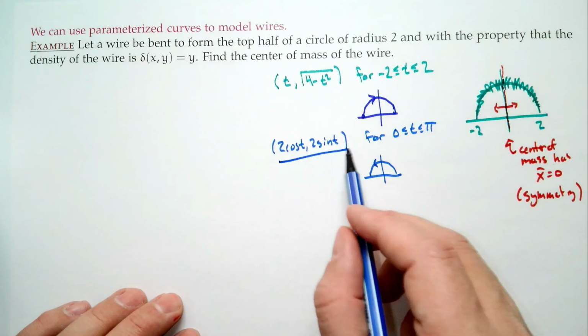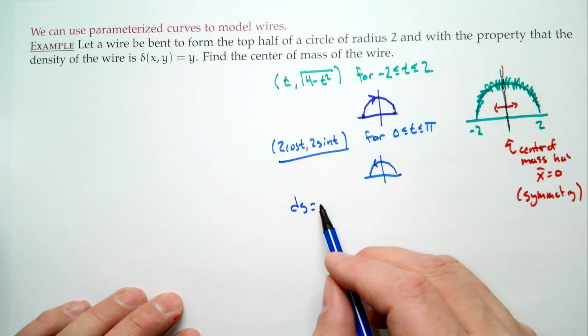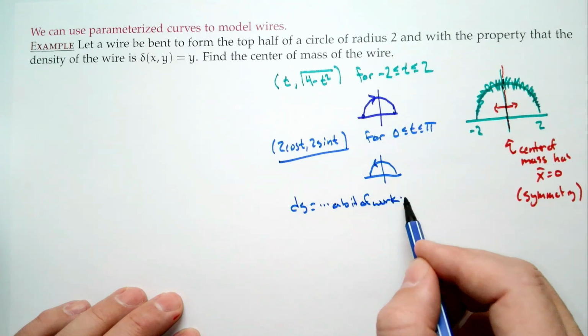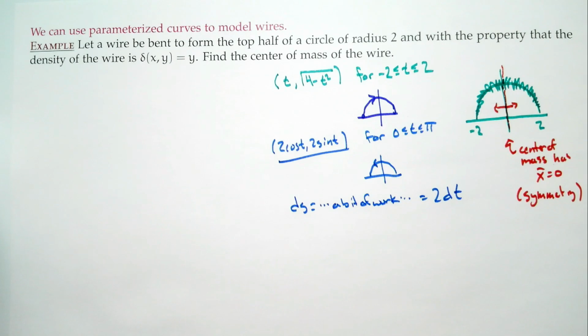So using this one, what would our ds be? Well, ds, a bit of work, would be 2 dt. It's the same thing we've been doing so far. So I'll skip the bit of work because it's the same thing. You take the square root of 2 sine t squared plus 2 cosine t squared, and it turns out to be 2.